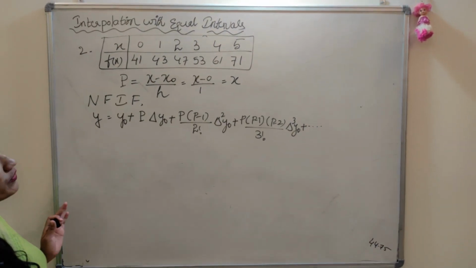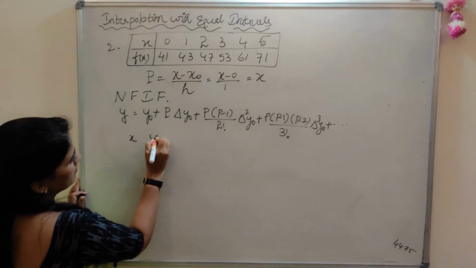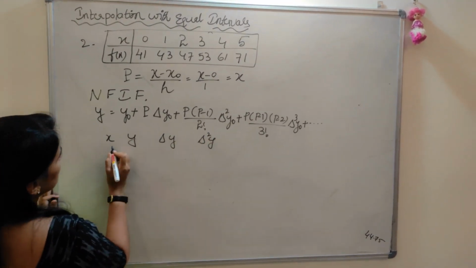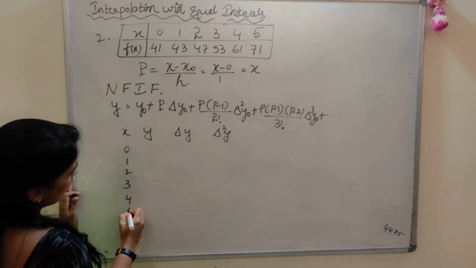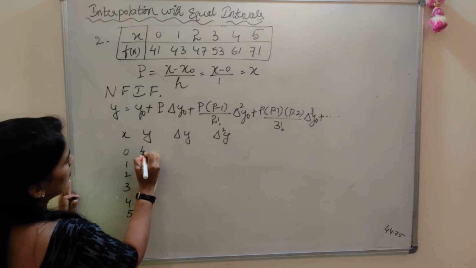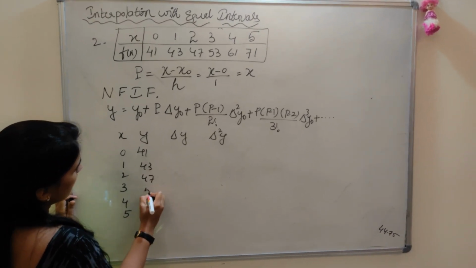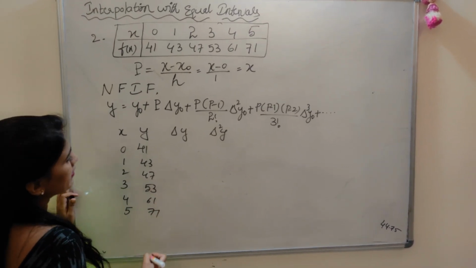Okay, so now we need to construct the difference table. So x, f of x means y, delta y, delta square y. So x values 0, 1, 2, 3, 4, 5. The y values are 41, 43, 47, 53, 61 and 71.